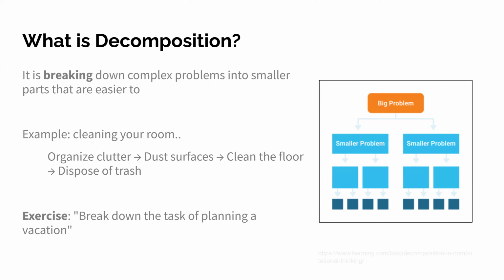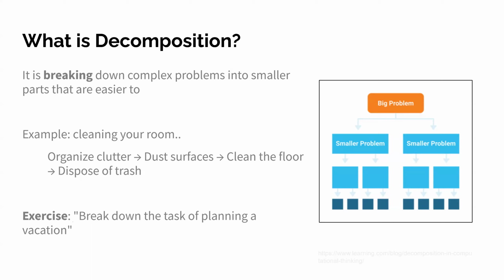So for instance, if we have a task to clean the room, let's say we have a robot and we need the robot to clean the room. When we are trying to develop the robot, we can start by knowing what parts the robot will do when we ask it to clean the room.